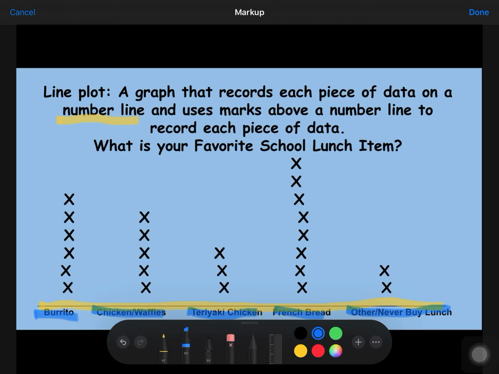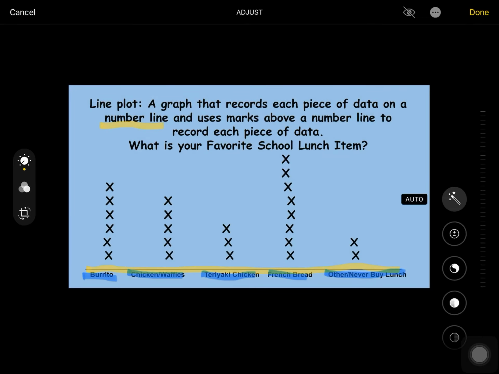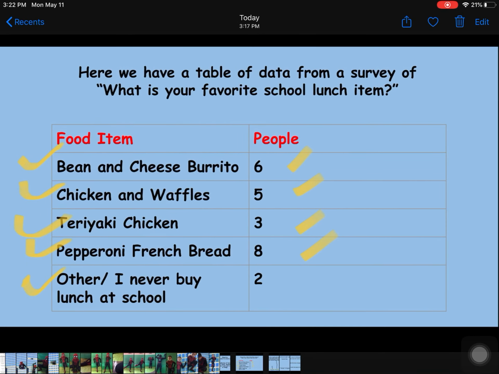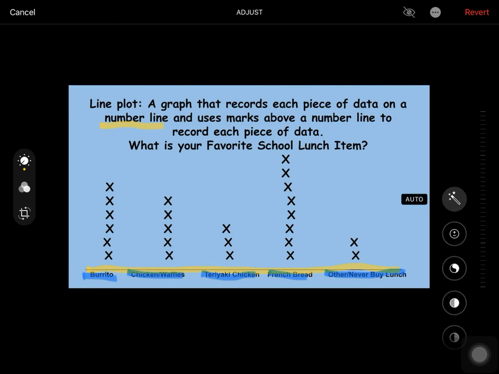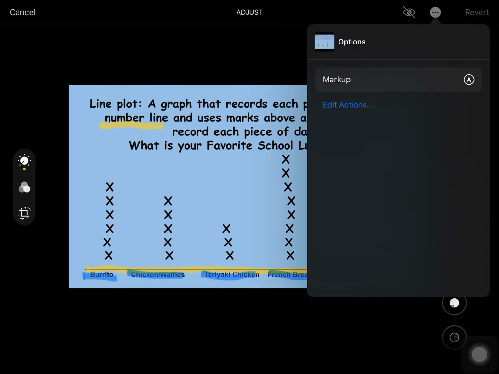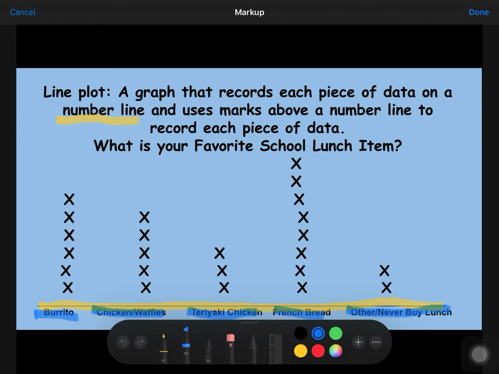And if you remember from our other chart, we had data. That was our data, and that's where that came from, right? This is our line plot with our data on it, okay? Now, I have used marks above those items to show how many people like that specific thing. So if you look here, I have how many people liked bean and cheese burritos.